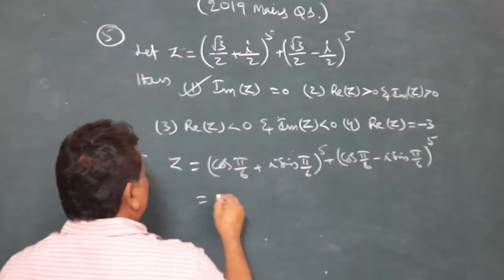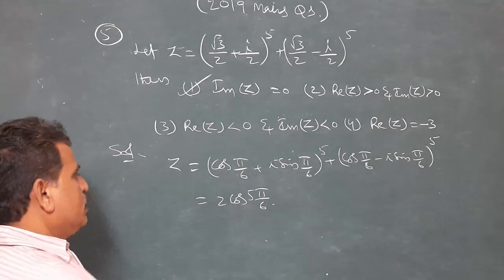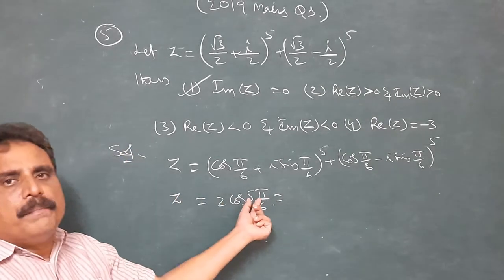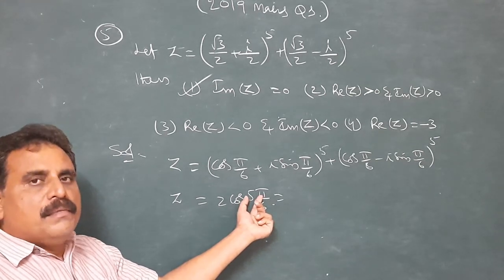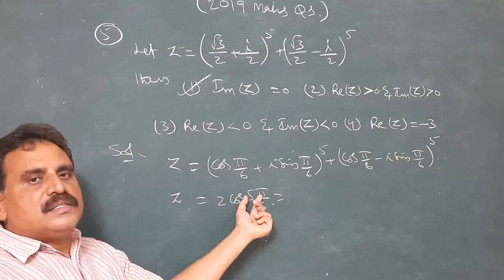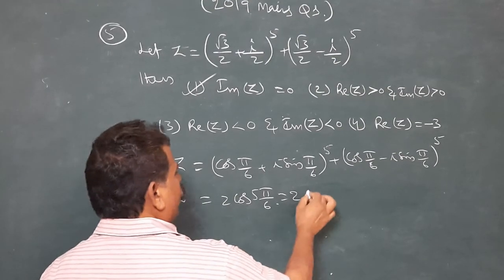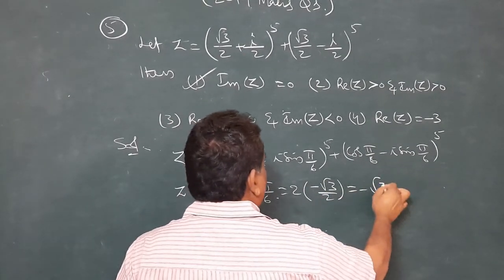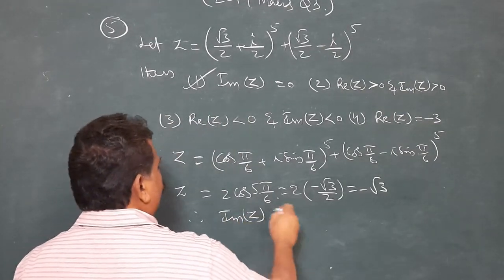So we get 2 cos 5 pi by 6. This value is equal to pi minus pi by 6. Cos of pi minus pi by 6 is minus cos pi by 6. Cos pi by 6 is root 3 by 2. So it gets 2 into minus root 3 by 2. That value is equal to minus root 3. Therefore, imaginary z equal to 0.